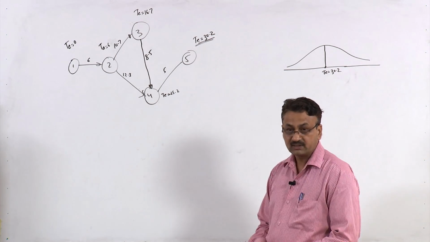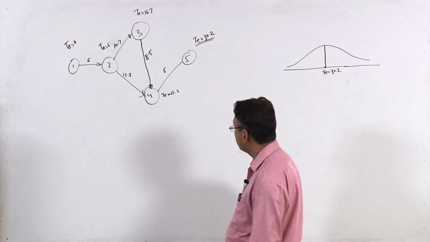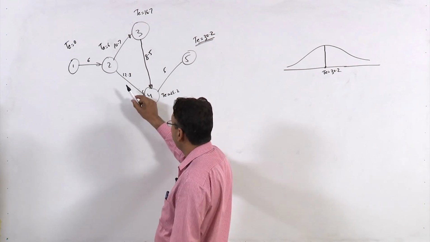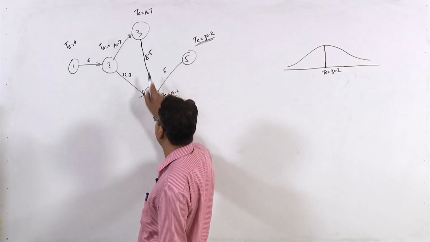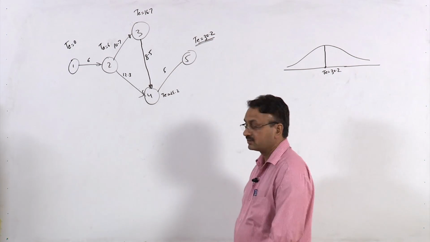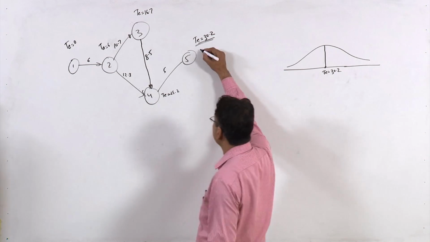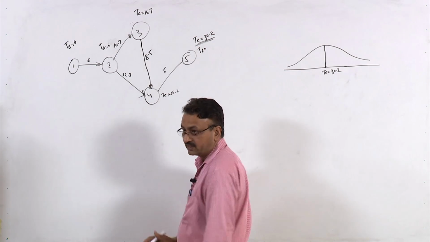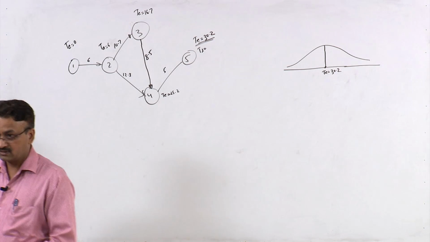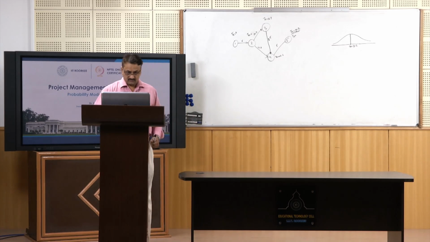Now let us find out the critical path. In fact, you can easily identify it: it is from here to here to here to here. If you wish, you can calculate TL also. Let us calculate TL. In this question, we have been given the probability of completing this project in 28 days.